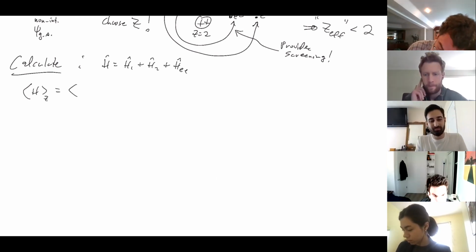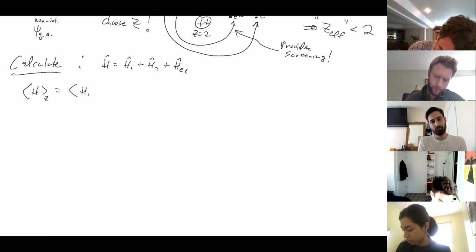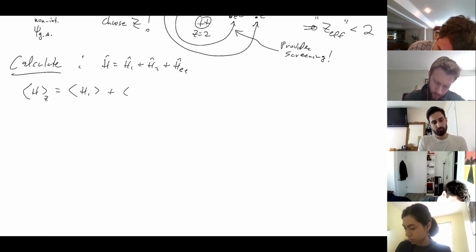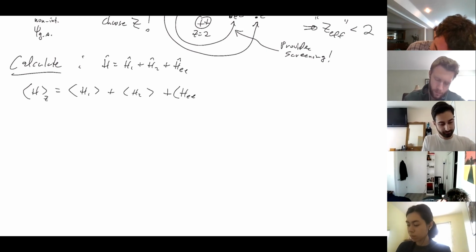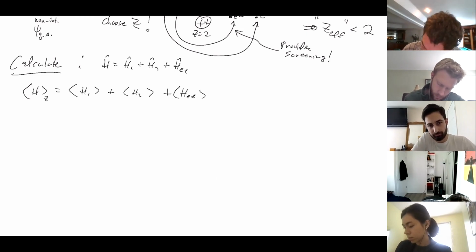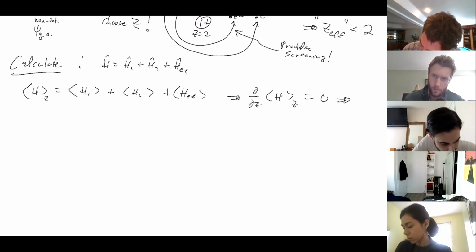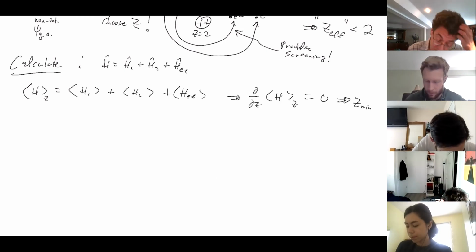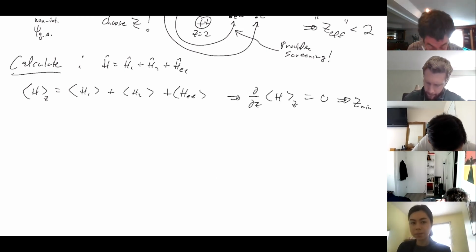So now we got to calculate the expectation value for these three parts for that wave function, and then of course we're going to do the derivative with respect to z of this, and set it to 0, and then we're going to find the minimum parameter, z min. Okay, that's what we got to do.